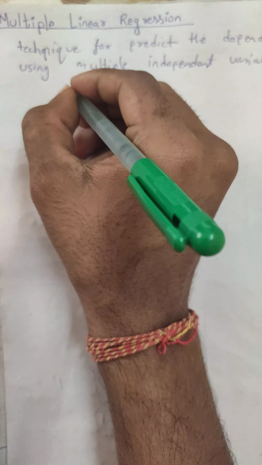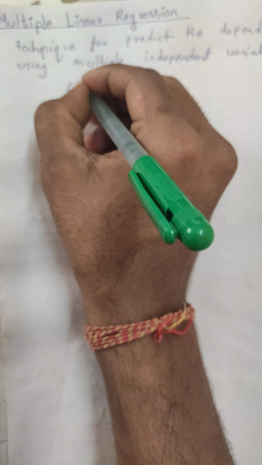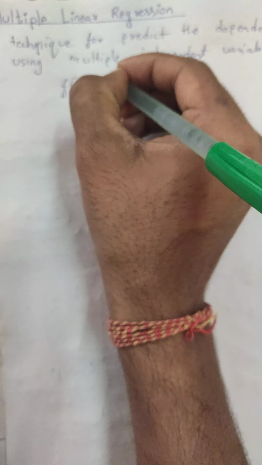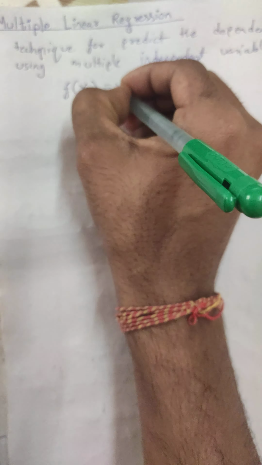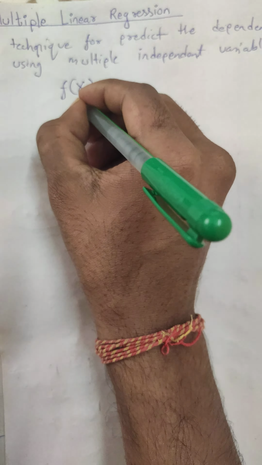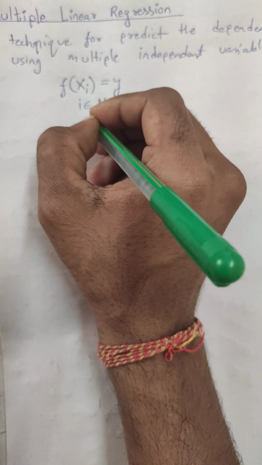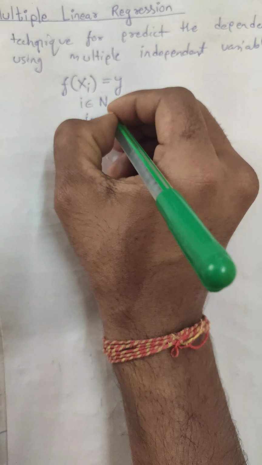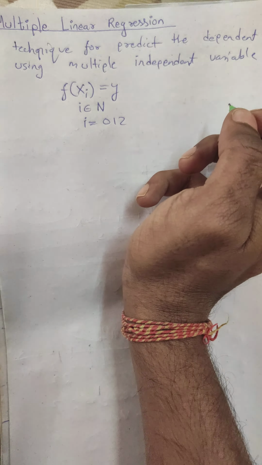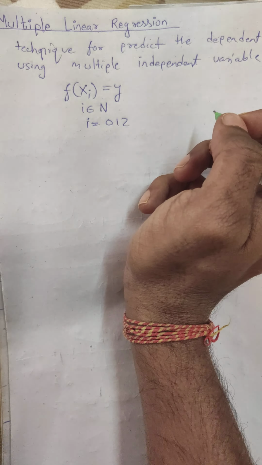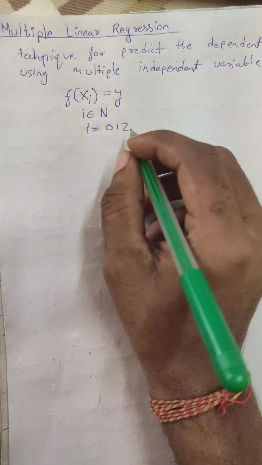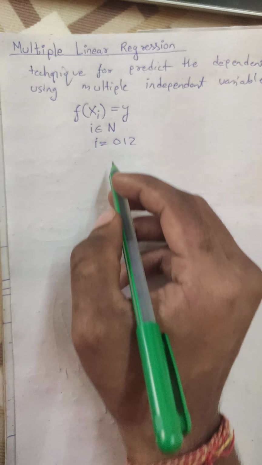Which means I am having the function f of xi equals y, where i belongs to natural numbers, which means i belongs to 0, 1, 2. So how can I formulate this?